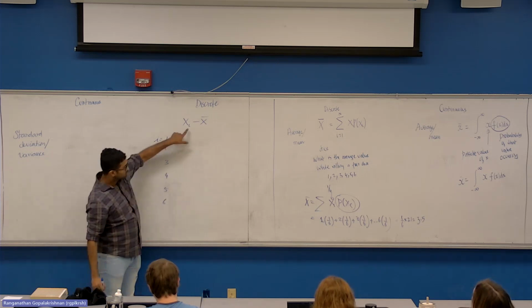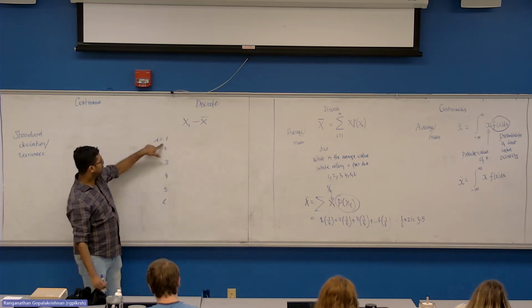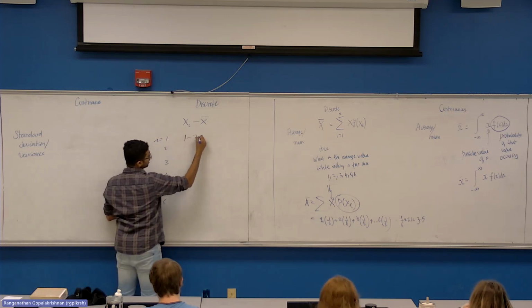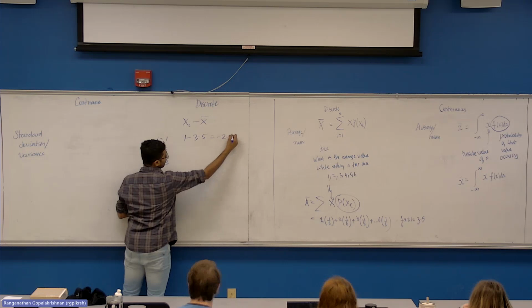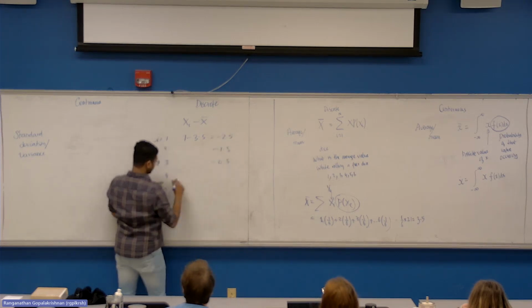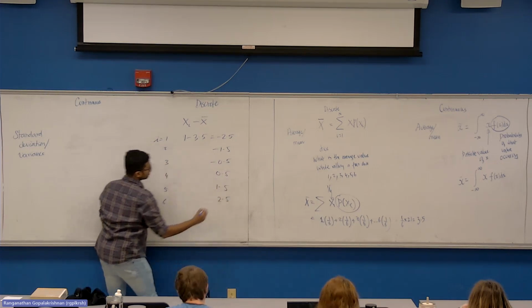What is my average? 3.5. So for i equals 1, xi minus x bar is 1 minus 3.5 or minus 2.5, minus 1.5, minus 0.5, 0.5, 1.5, 2.5.